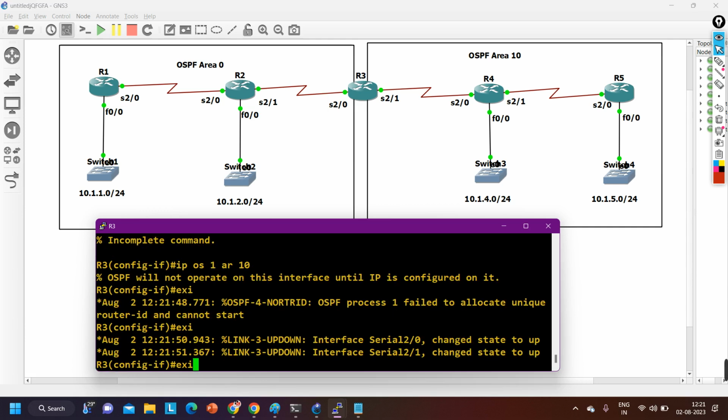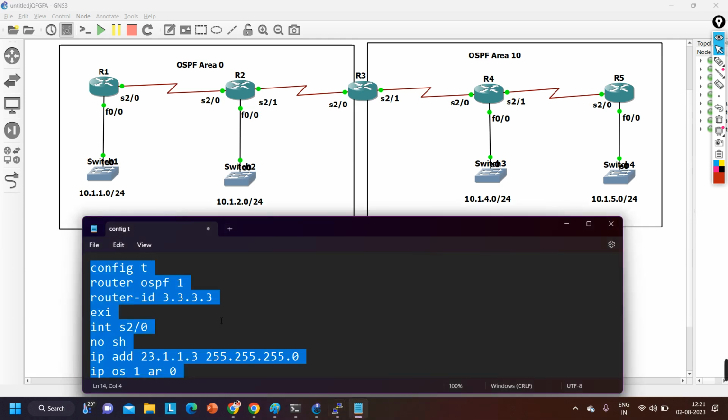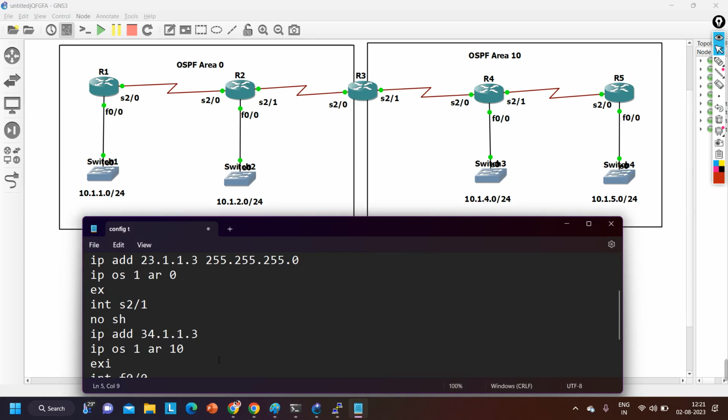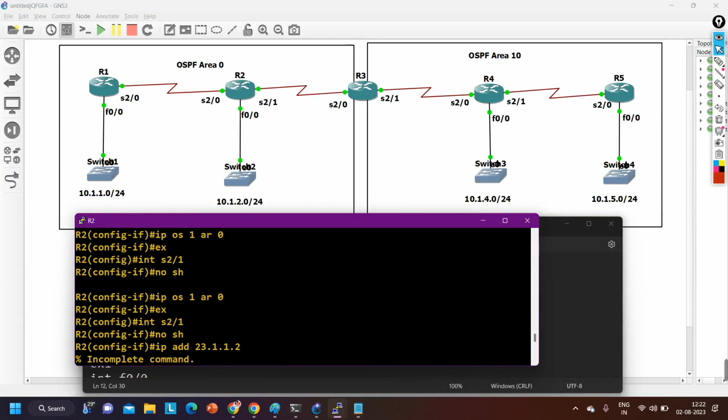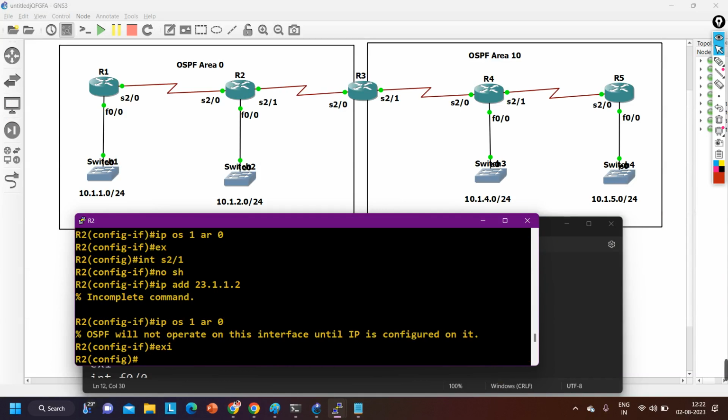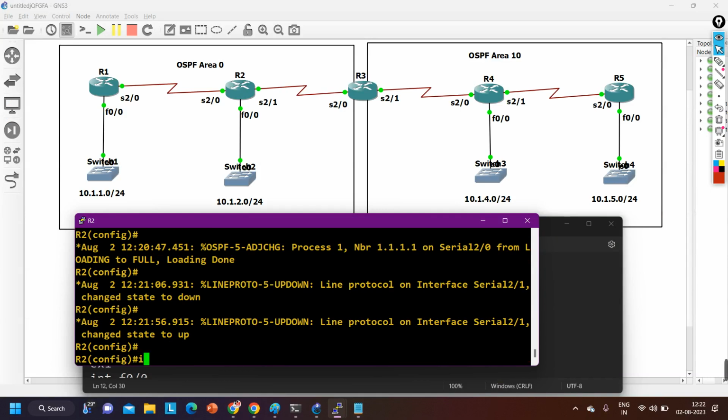Okay, I have one problem now. Here I have not defined the subnet mask. It was also a problem on router 2. So on serial 2/1 here I am going to correct it.